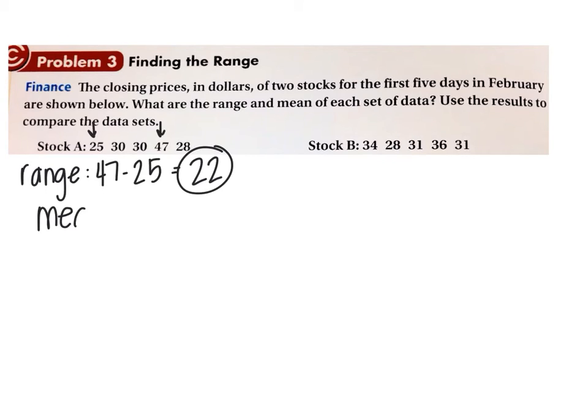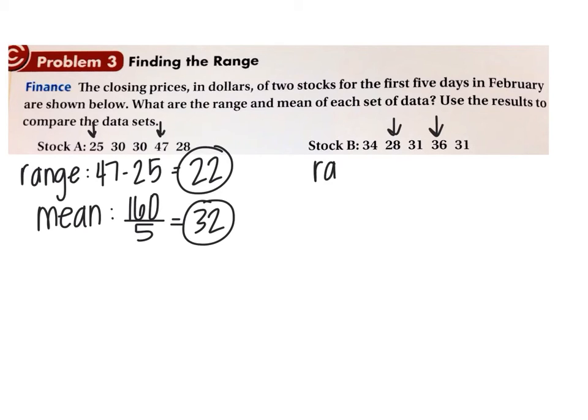The mean is going to be all of them added together, so 25 plus 30 plus 30 plus 47 plus 28, all divided by 5, which is 32. And then stock B, the biggest is 36 and the smallest is 28.